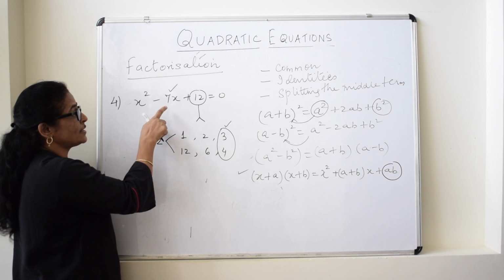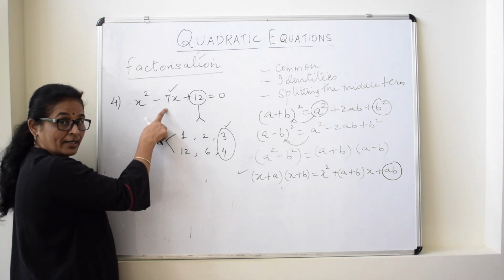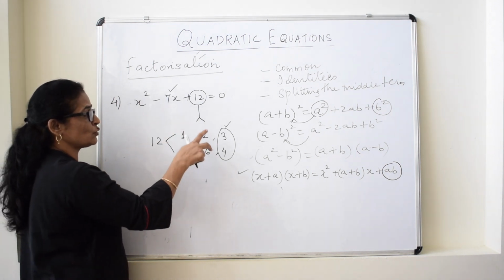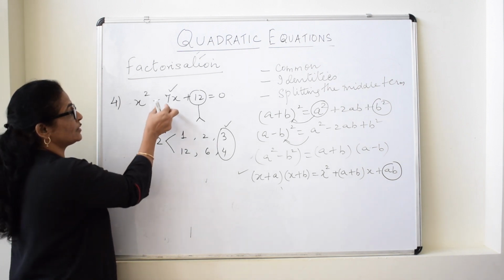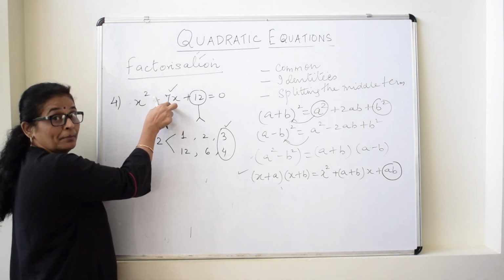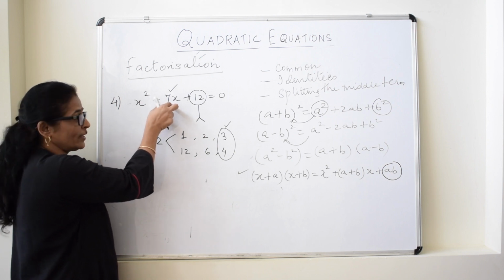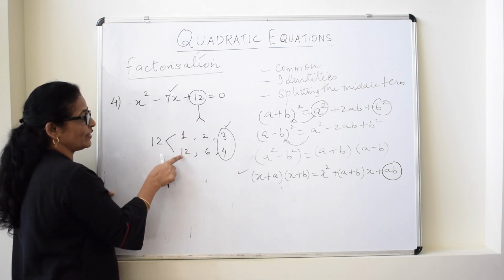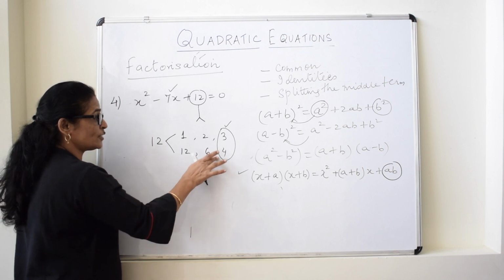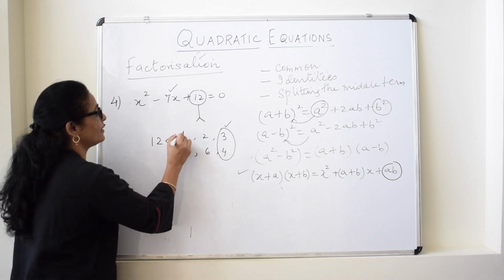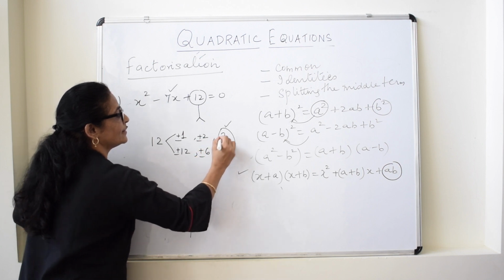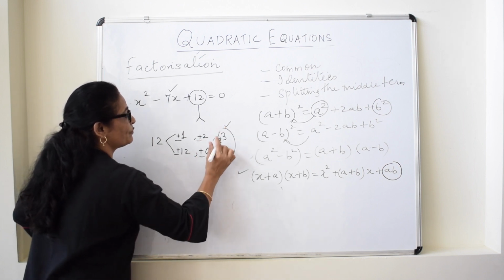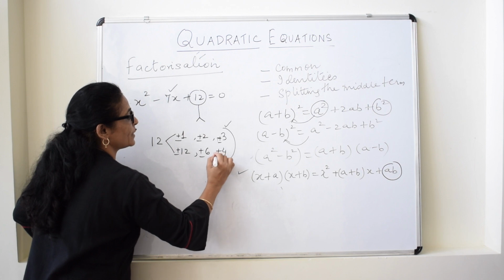But since this is minus 7, you have to choose those two factors in such a way that their addition is the coefficient of the middle term. And the factors are actually plus minus, isn't it? So plus minus 3, plus minus 4.